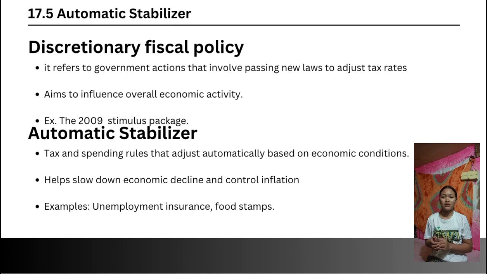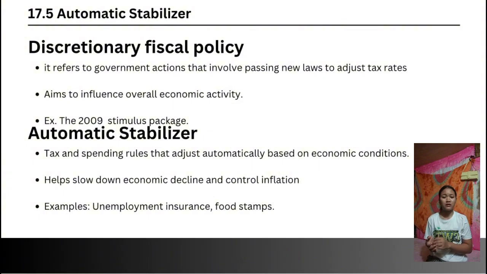Second is the automatic stabilizer, which refers to the built-in tax and spending rules that automatically adjust with the economic situation. No need for new laws. The purpose of a stabilizer is to soften the impact of economic fluctuations like recessions or inflation. One example is unemployment insurance.